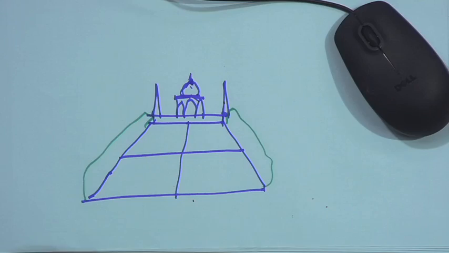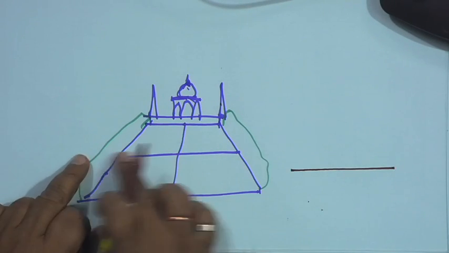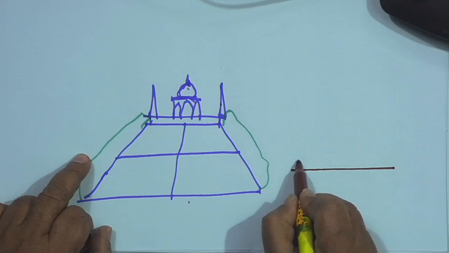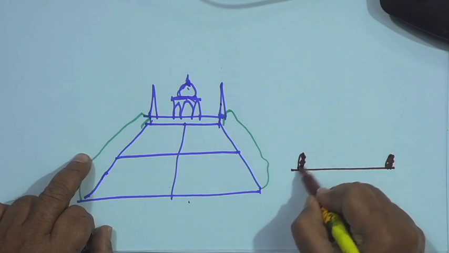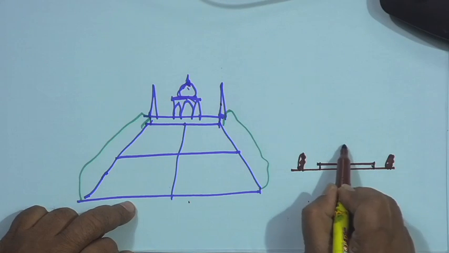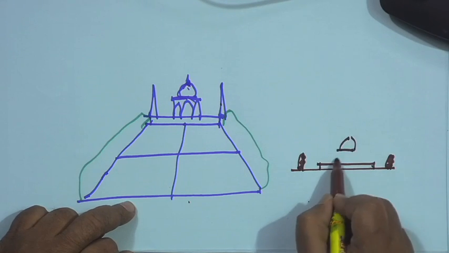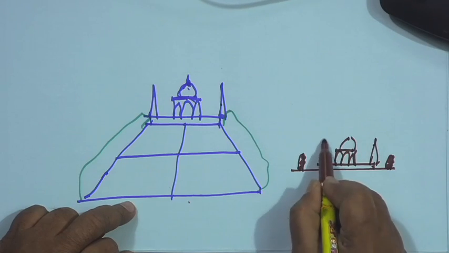In such cases, if I try to represent, look at this section. If I draw a section through this, then I do see in scale the vegetation is over here. Okay. At a distance, I am seeing the Taj Mahal with the minarets.